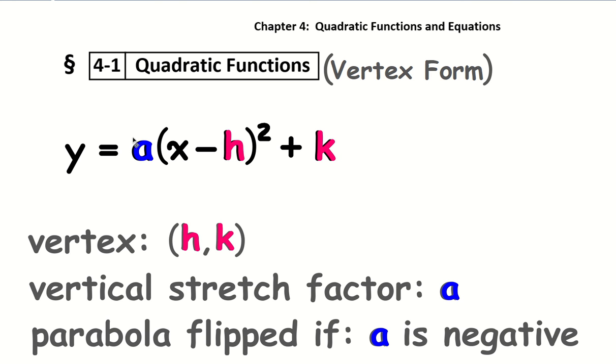You have some a value out in front, and then you have a quantity of x minus something all squared. See, there's still a power of 2 because it is quadratic. And then you have this plus something.